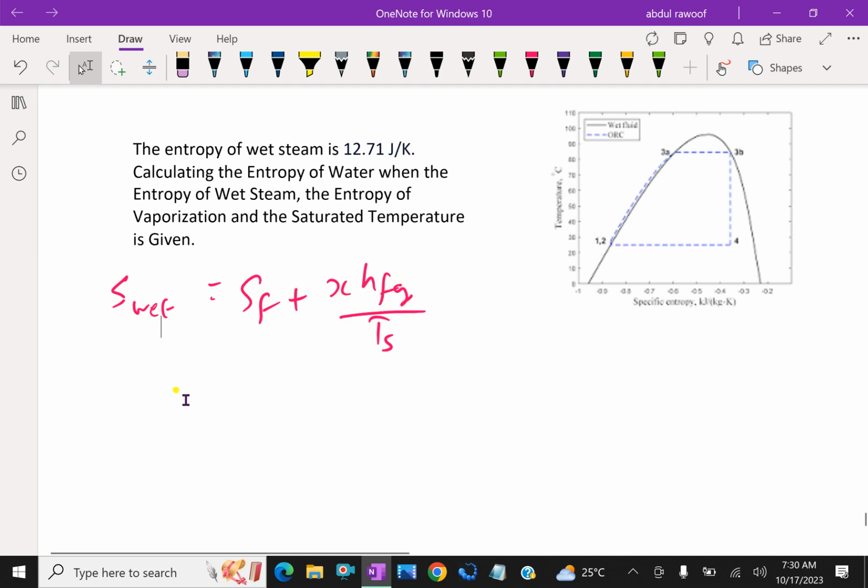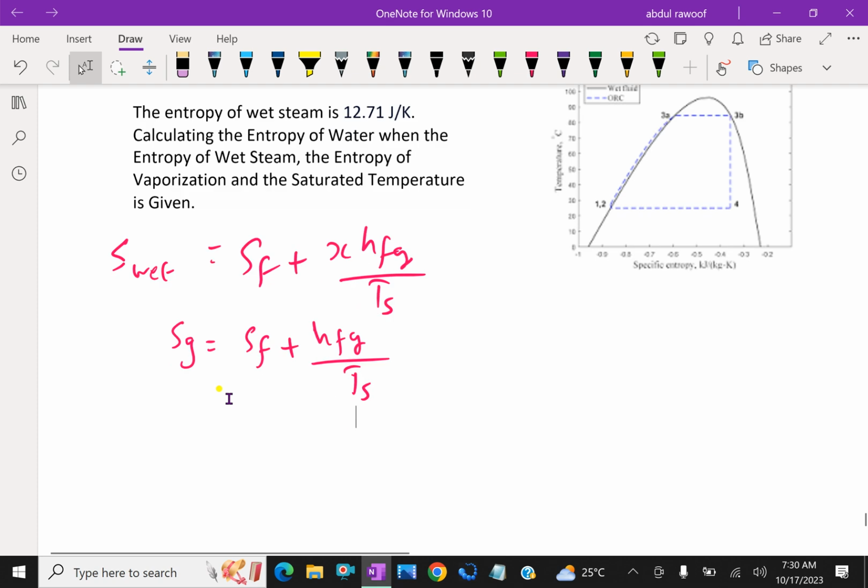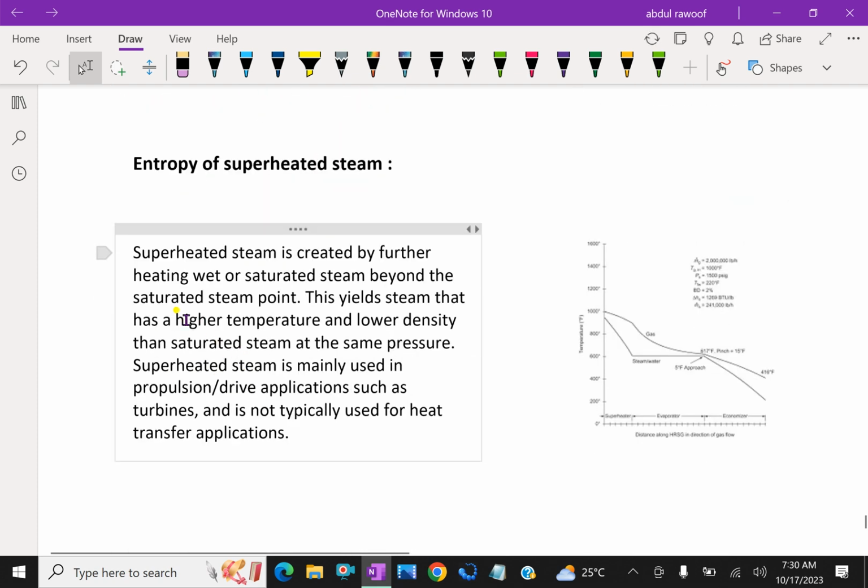Therefore, Sg you can write as Sf plus hfg over Ts.